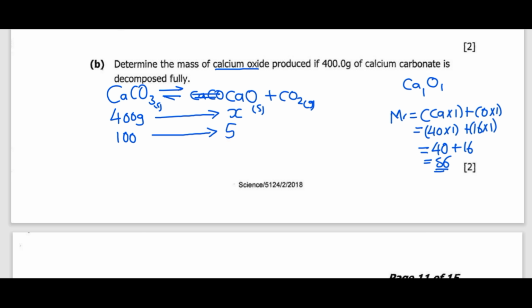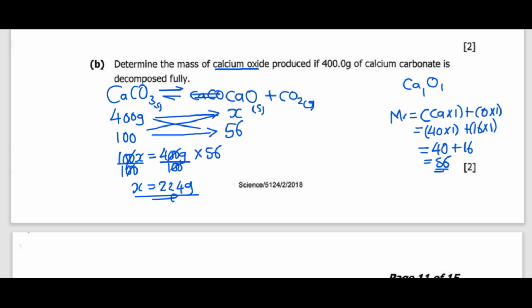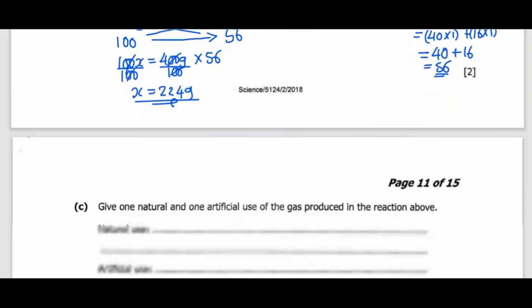This is the number that we put here. Then we can cross multiply. 100 times x is 100x. Then here we have 400 multiplied by 56. To solve for x, we divide by 100, also here by 100. If we cancel, we have 4 times 6 is 24 carry 2, 4 times 5 is 20 plus 2, that is 224 grams. So this was the mass of the calcium oxide.